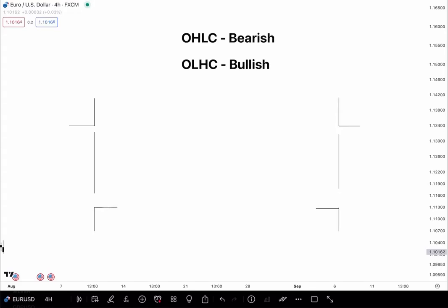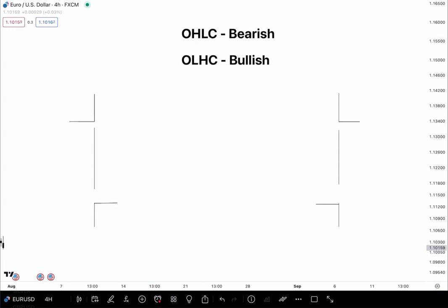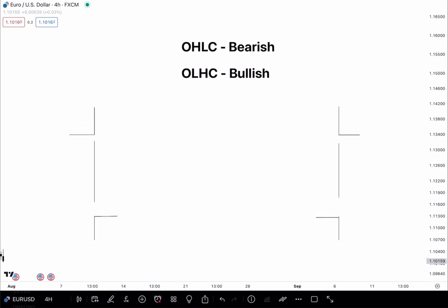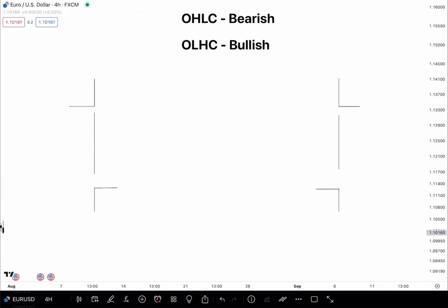The open, high, low, and close, and the open, low, high, and close. Now, this is the basic anatomy of the candlesticks. Right?